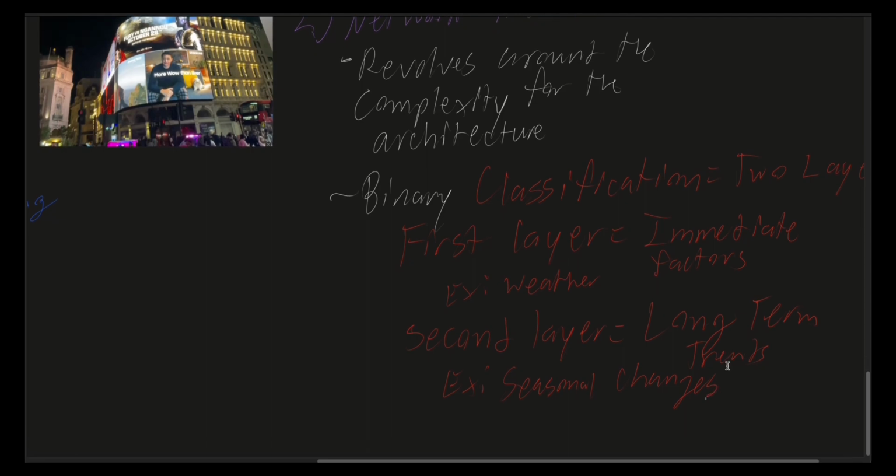And the design must be balanced with depth, referring to the number of layers, and breadth, number of neurons. So depth refers to number of layers. Breadth, number of neurons.